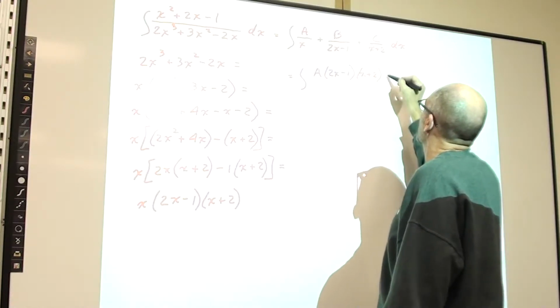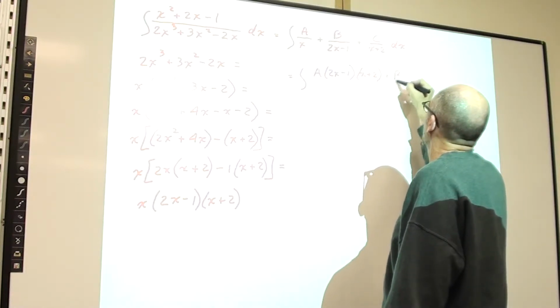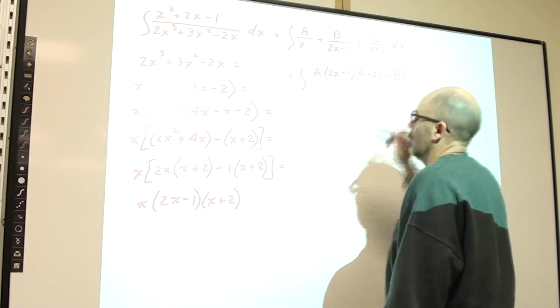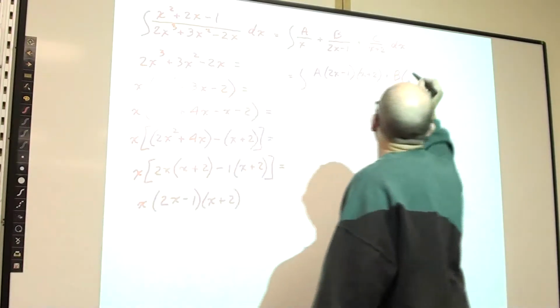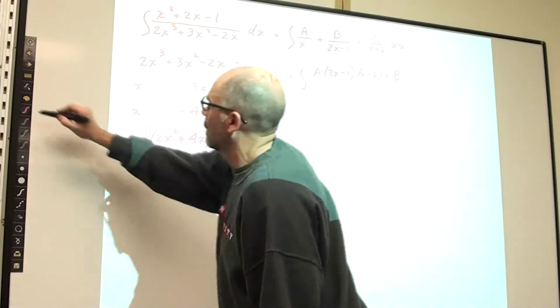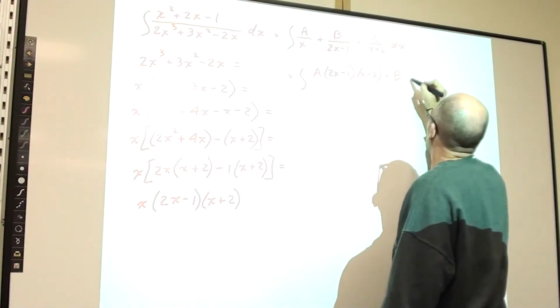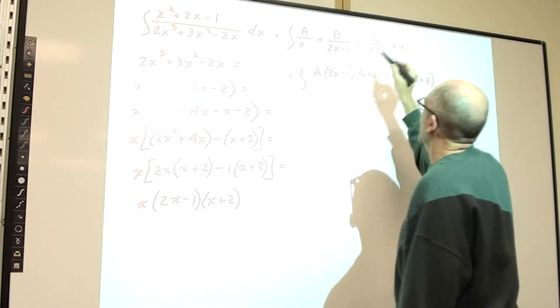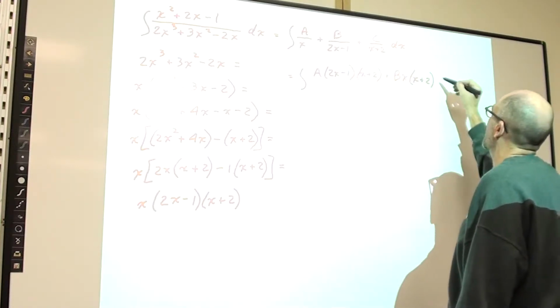The b is missing the x and the x plus 2. And the c is missing the x and the 2x minus 1.